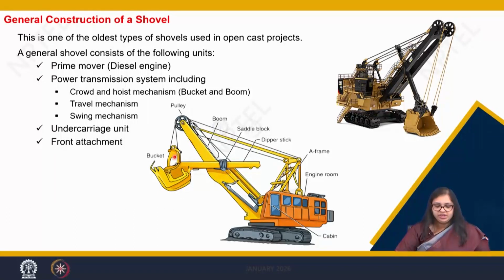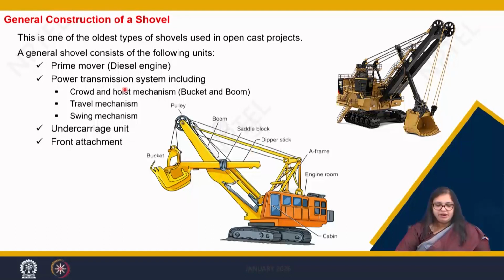Through this pulley, one end of the bucket and the dipper stick is handled by a rope that goes through this pulley and onto the A frame. The sheaves onto which these ropes wind are housed on this turntable, or the head of this shovel.